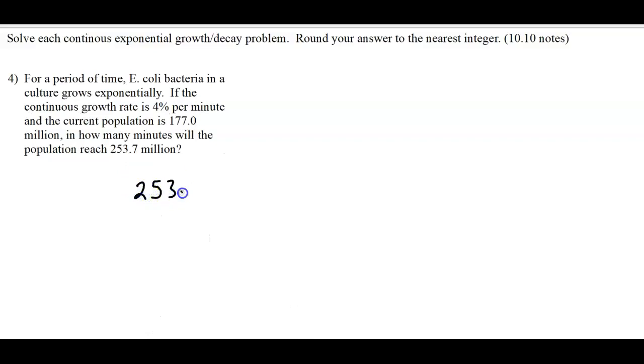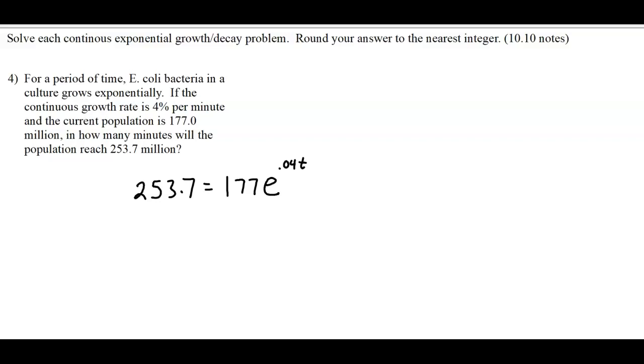So here's what that would look like. Plugging this in for the y, plugging this in for the p, and this for the r. It's a positive 0.04. I won't write the plus, but it is a positive. Now we're ready to start solving for t.